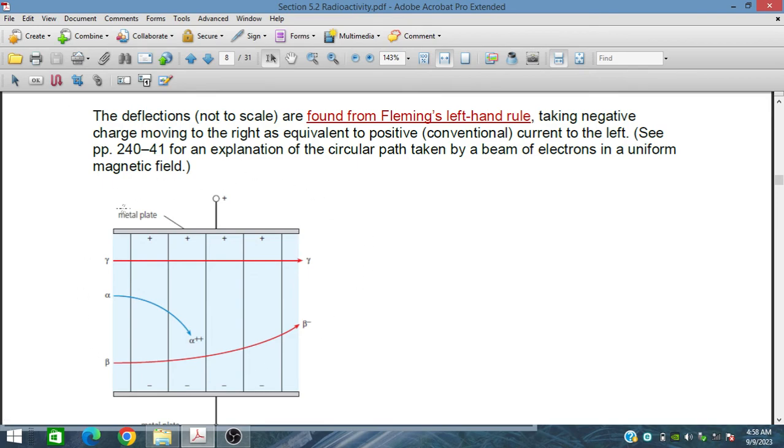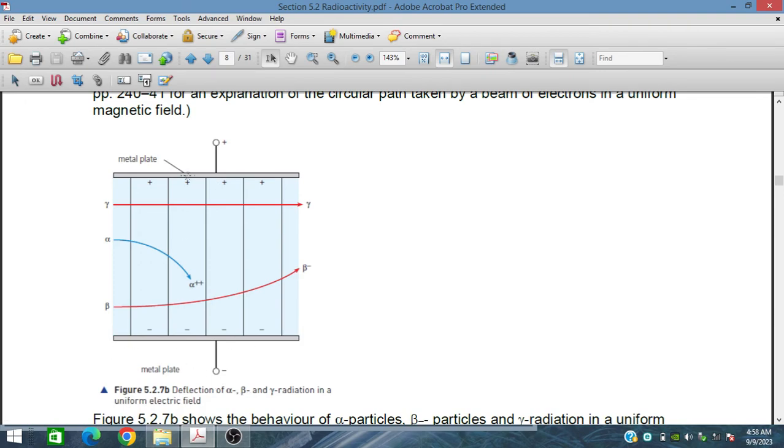Now in an electrostatic field, with a positive and negative plate, the alpha particle will move toward the negative electrode, since it is a positive charge. The beta particle is a negative charge, so it will be attracted toward the positive electrode.